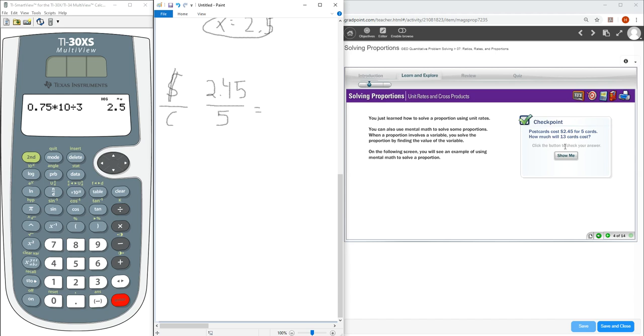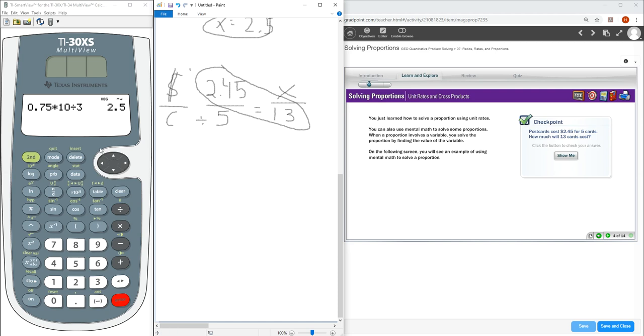We also know 13 cards. But we don't know how much 13 cards cost. So again, we go in an X pattern. $2.45 or 2.45 times 13. Okay, that's our dot for times. Divided by 5 is going to give us our X.